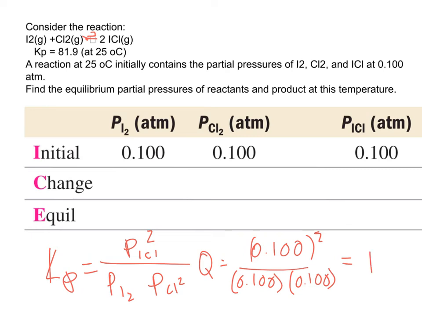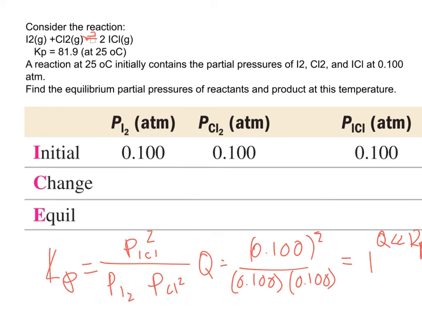So now this Q is at 1, meaning that Q is much less than Kp.